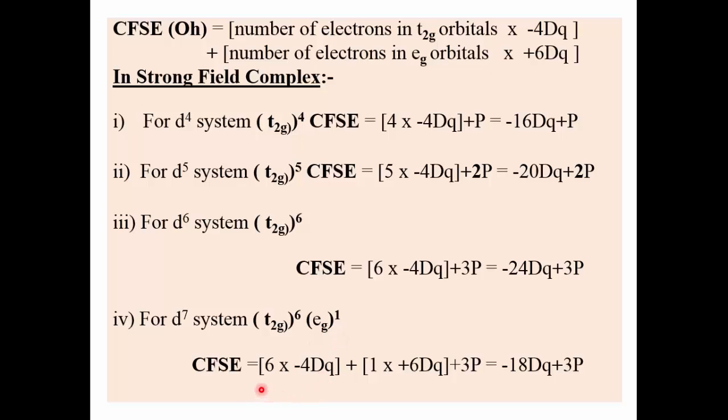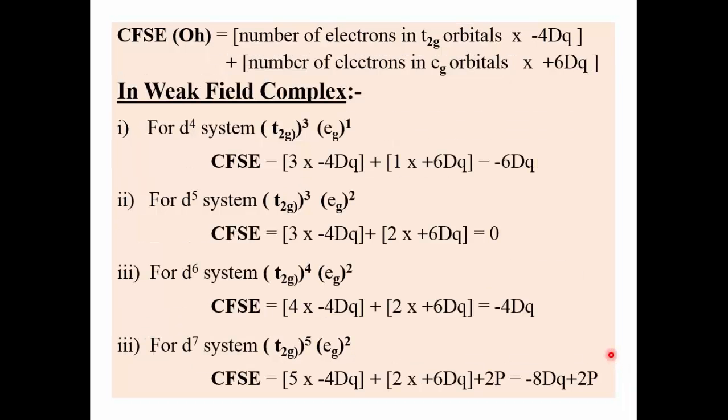Hence, CFSE is 6 into minus 4dq plus 1 into plus 6dq, that is the energy of the eg orbital. Therefore, minus 24dq plus 6dq becomes minus 18dq. 3 electron pairs, therefore this is plus 3p. So this is the CFSE calculation for the D4, D5, D6, D7 systems in a strong field complex.